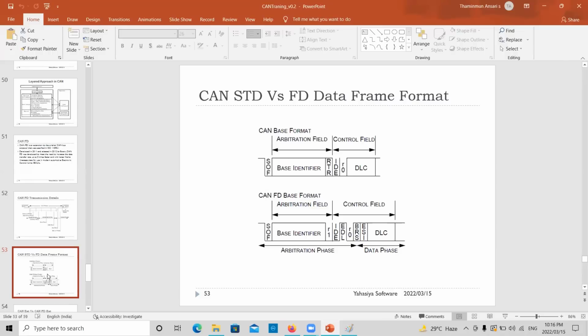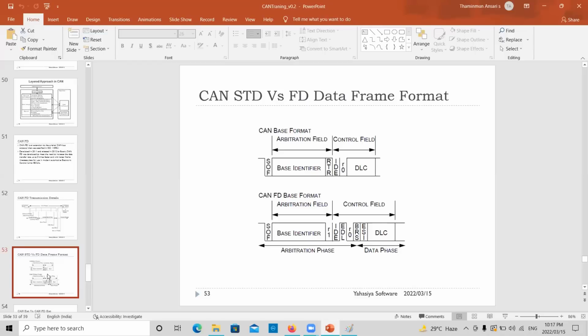To differentiate that from the FD frame, we use this extended data length bit. This bit should be set to 1 for all FD frames; the EDL bit will be 1 for all FD frames. Next, baud rate switch. This bit should be 1 when you want to have 2 different baud rates. When there is no need for baud rate switching, you can keep this bit as 0. That is baud rate switch.